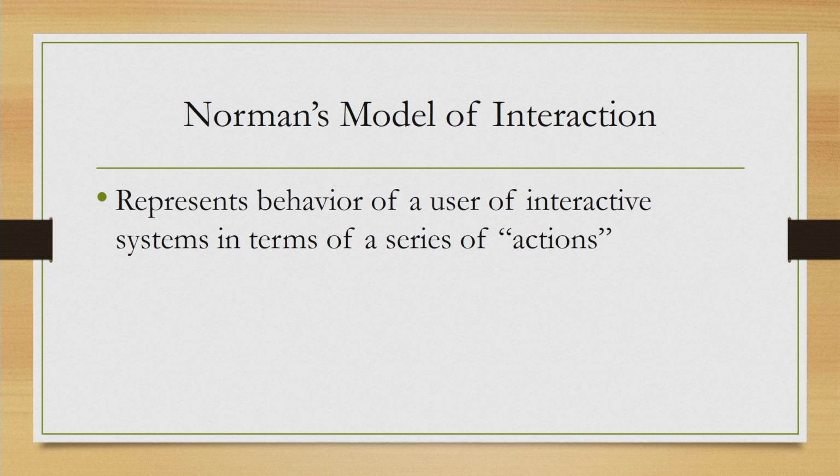What this model does? It represents behavior of a user of interactive system in terms of a series of actions. So, note the emphasis given on these words. It represents behavior of a user of interactive system in terms of a series of actions.